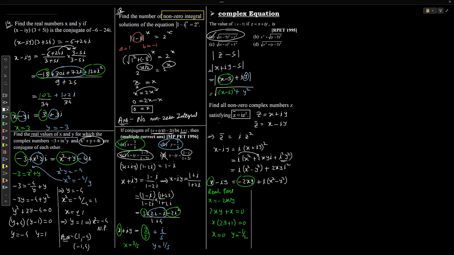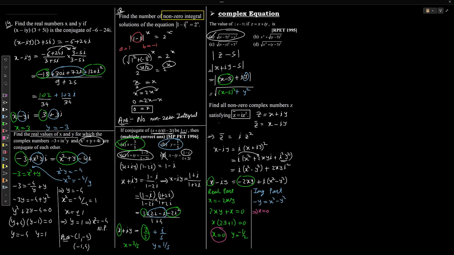Now we'll go for the imaginary part. So we'll get minus y equal to x square minus y square. Now, let's say first case when x equal to 0.